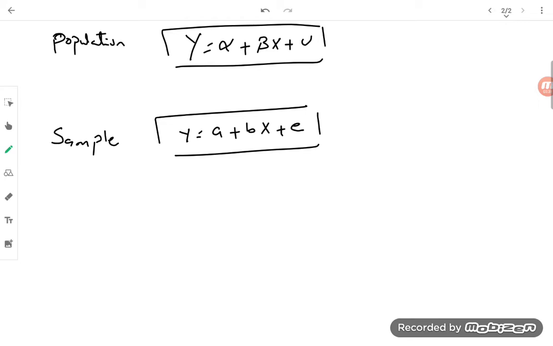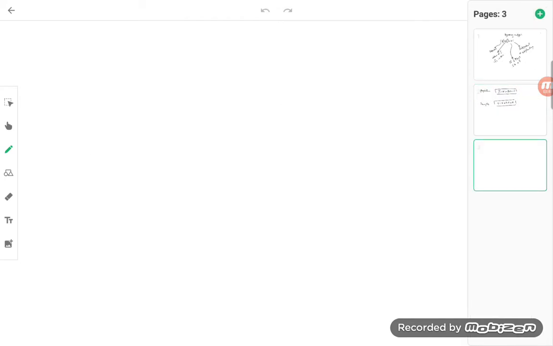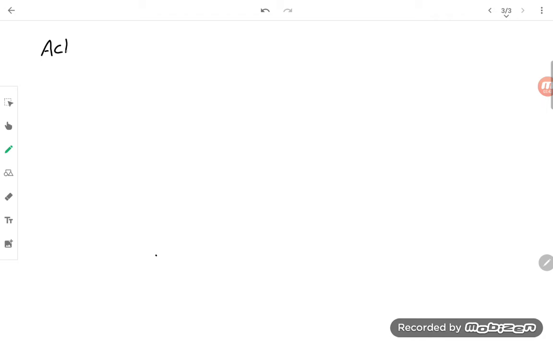Also, we have differentiated between actual and estimated values. And we said that actual values can be written as y equals a plus bx plus e. But after estimation, the estimated equation will be y hat equals a hat plus b hat x.